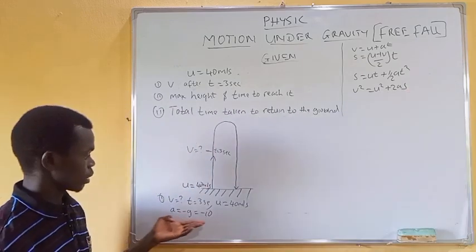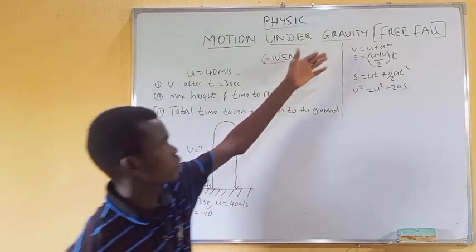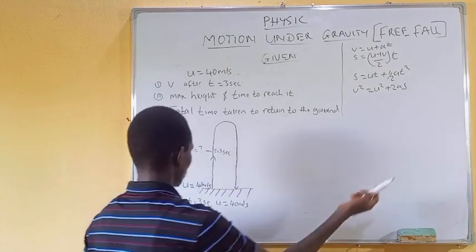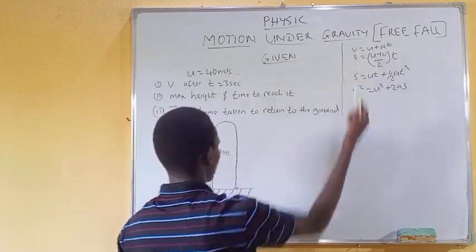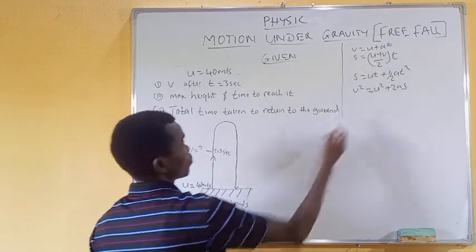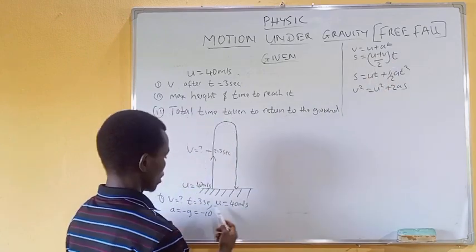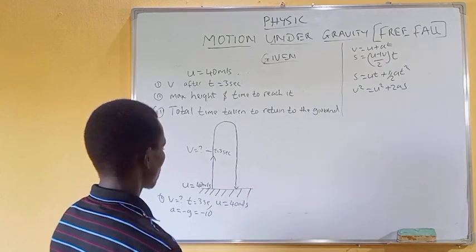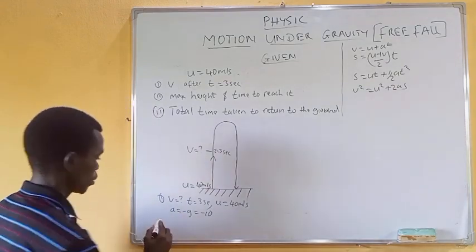We look at the parameters given and compare them with these equations. If you look at equation 1, we are looking for velocity. We have initial velocity, we have acceleration, and we have time. With this equation 1, we can find the final velocity.